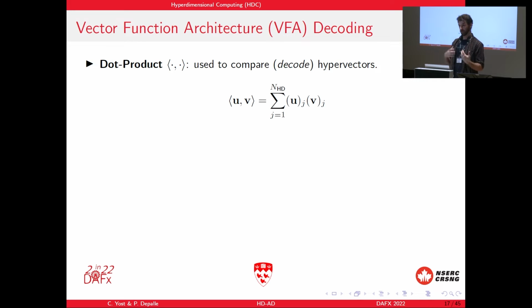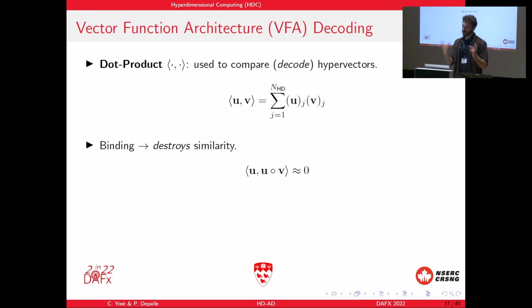And then in order to decode them, the dot product is used to compare some query hypervector to a set of known hypervectors with decodings in order to return the encoded values. And interestingly, if we look at the consequences of the binding operation in HD space, using the dot product to measure that, binding destroys the similarity in HD space.